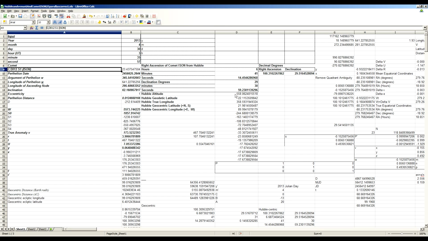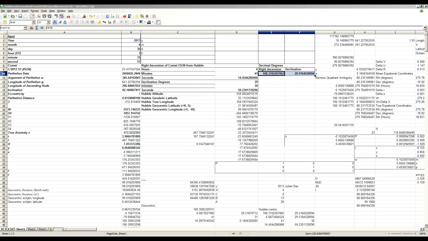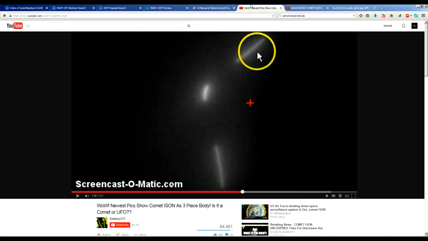But of course, Hubble is off the surface. But it takes that into account. It uses the altitude of Hubble in this case, about 558 kilometers at that time. So from that, it generates the apparent position of the comet in both hours, minutes, seconds, degrees, minutes, seconds, and in decimal degrees. So if you do this over the images that you saw here, you're seeing in these pictures, you're actually seeing a stack of 3 separate images, not just one image.